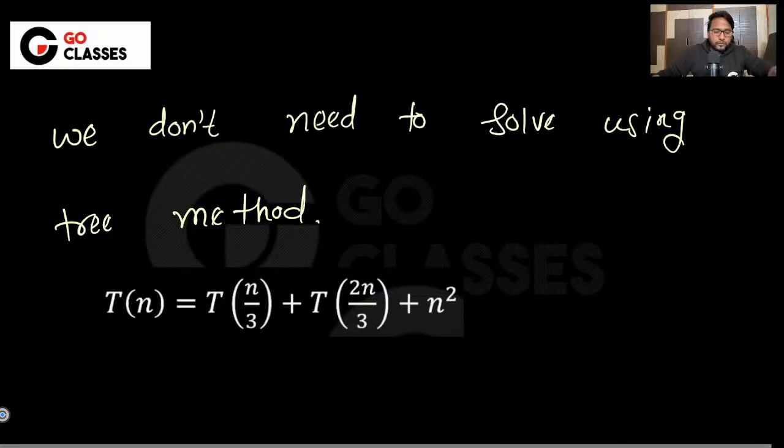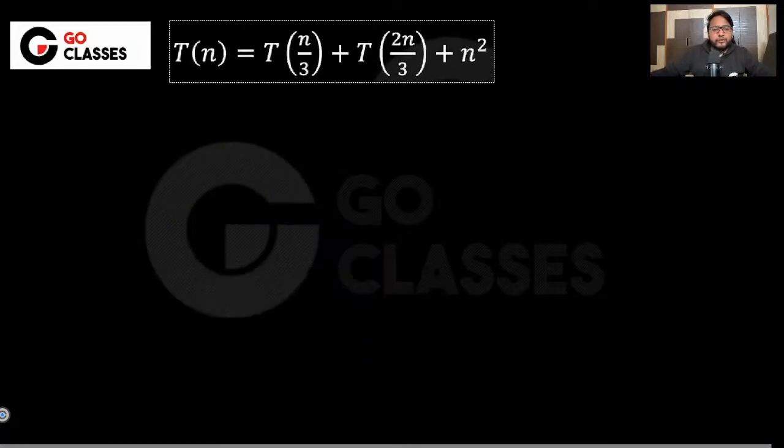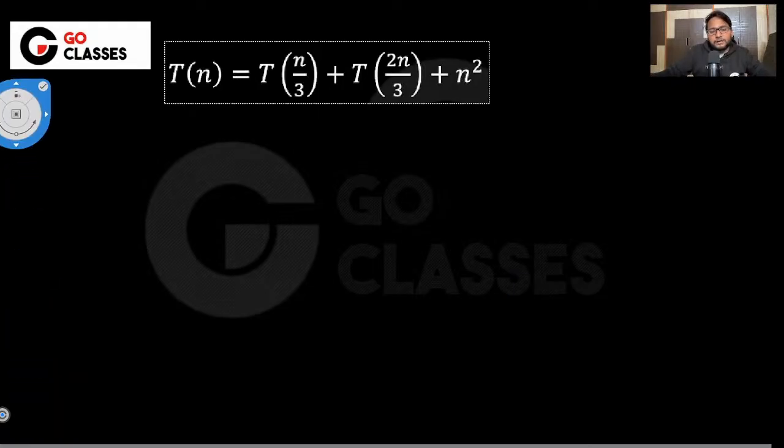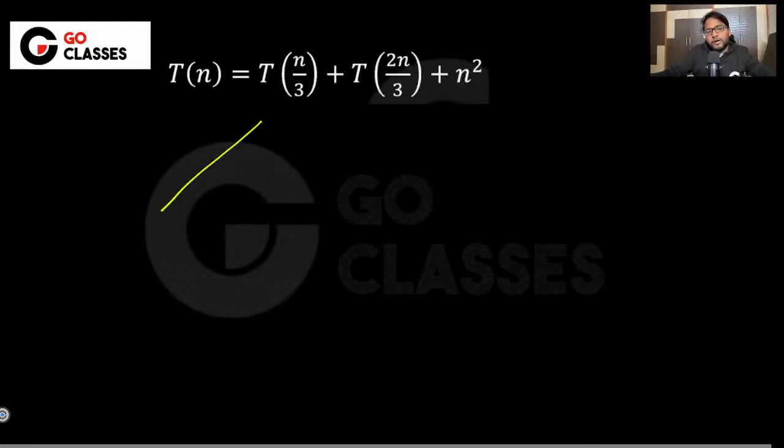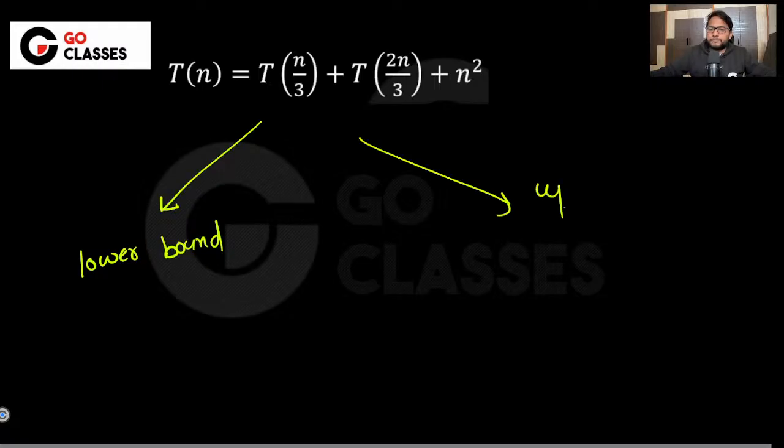What we can do is say this particular relation. Let's suppose you want the lower bound, and here you want the upper bound. If you want the lower bound, you can say that Tn is nothing but this is T n by 3.